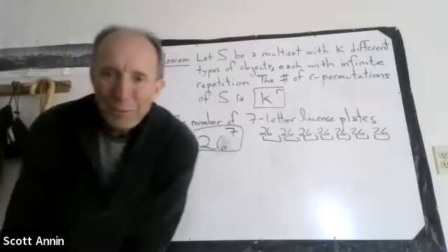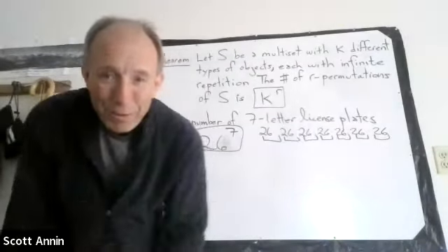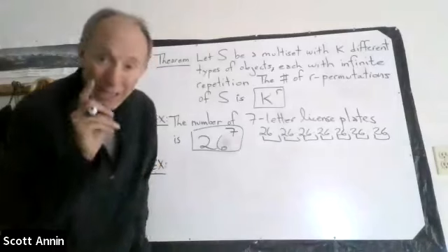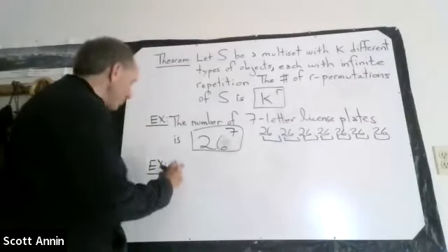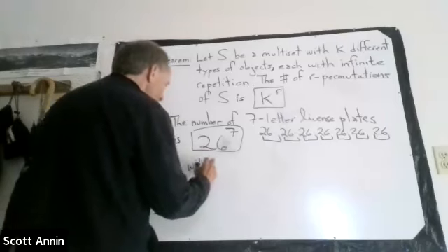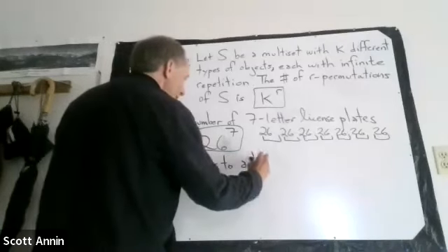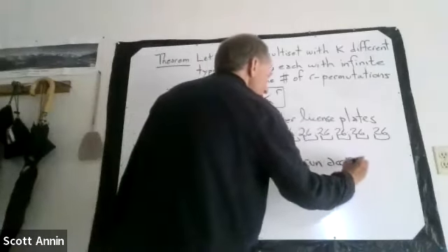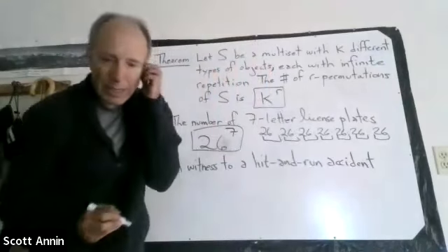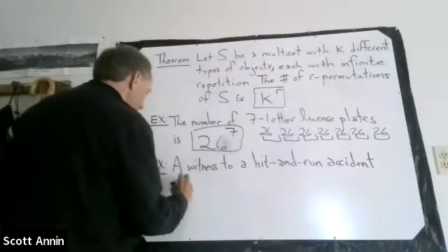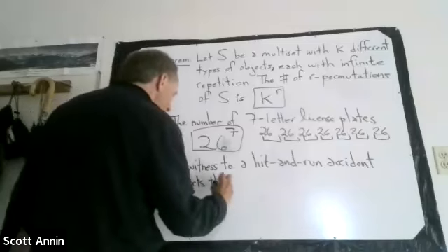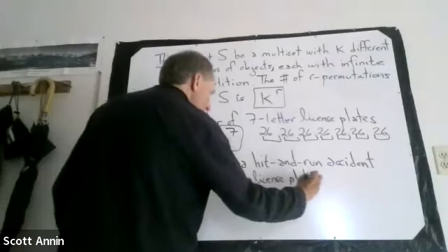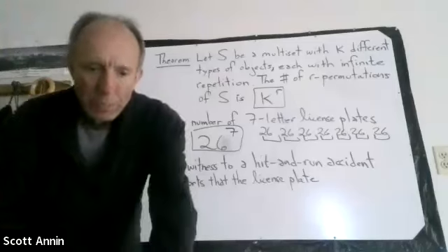I'm going to write down one more problem, but I'm not going to solve it in this video. I'm going to leave it until next time. But this is one that you can think about. And let's see what you think. A witness, this is a word problem. A witness to a hit and run accident reports that the license plate, they caught some information about the license plate.